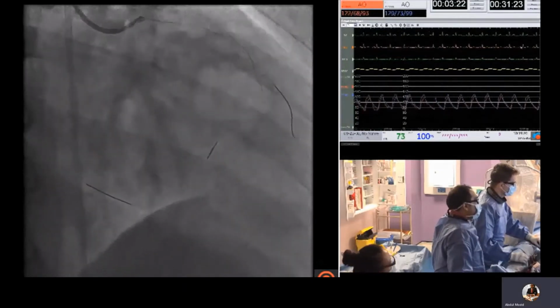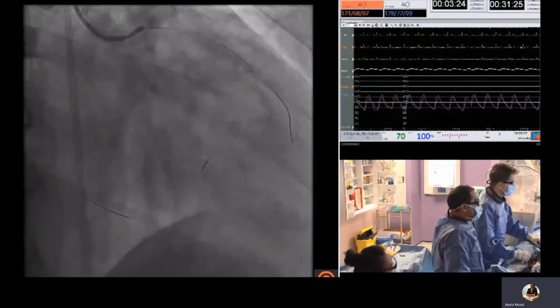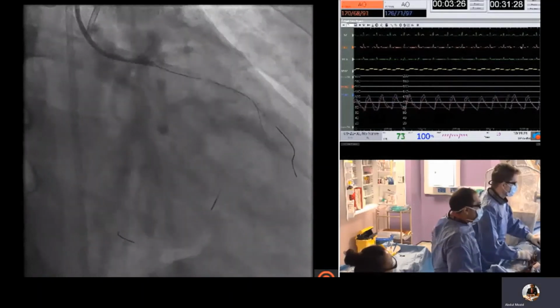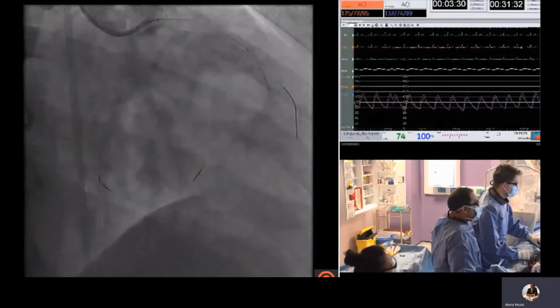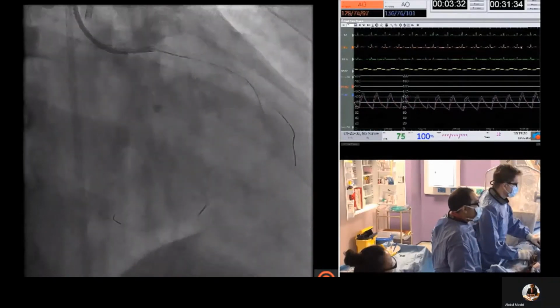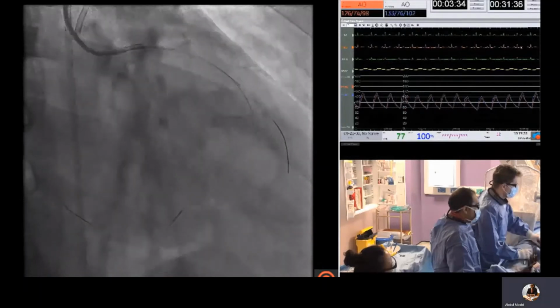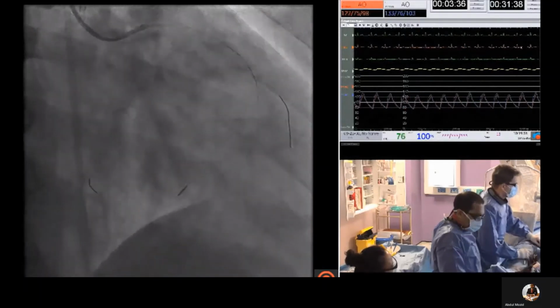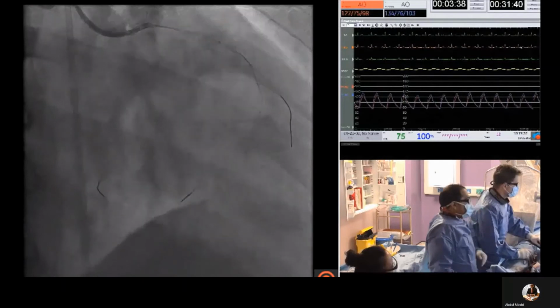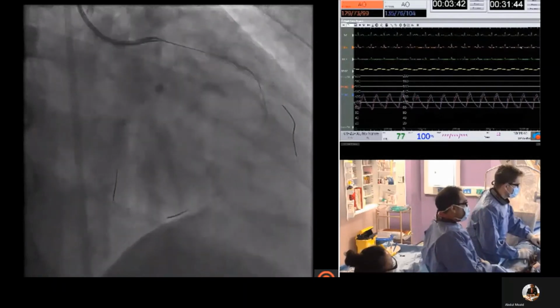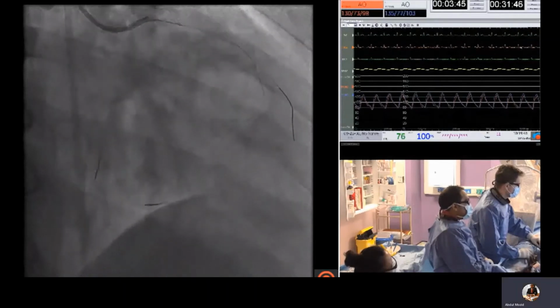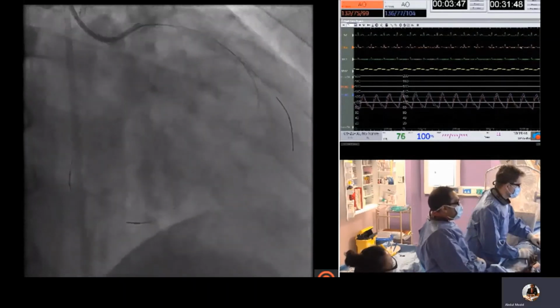And this is rotated, can be counterclockwise or clockwise or a combination. And here is making slow but definite progress. And so we are into the distal right.